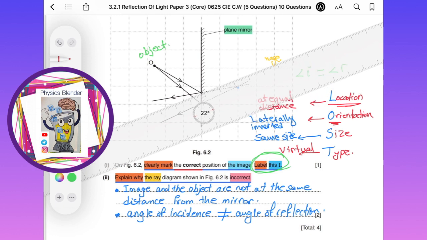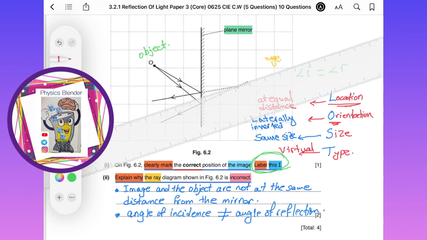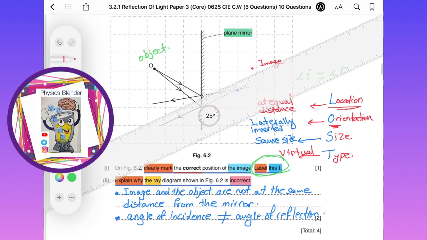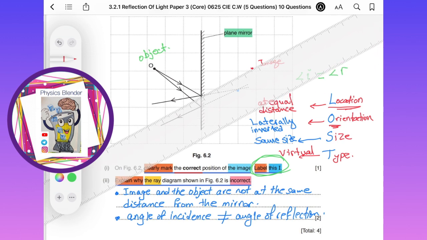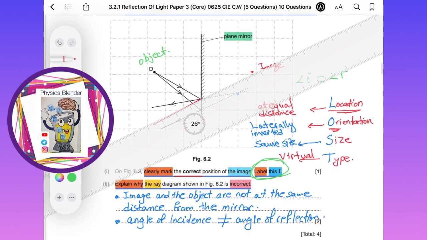So if the image is here, the image is here, so the reflected ray, so here we have the reflected ray, its extension will lead you to the position of the image.